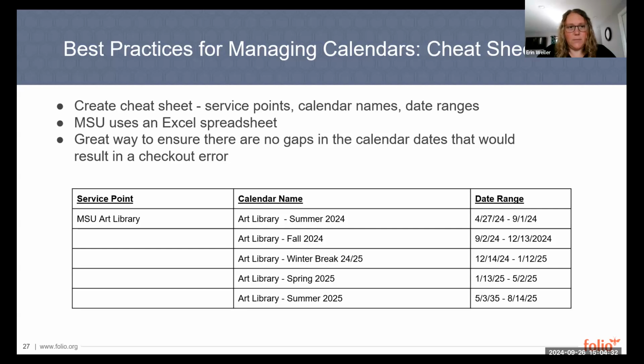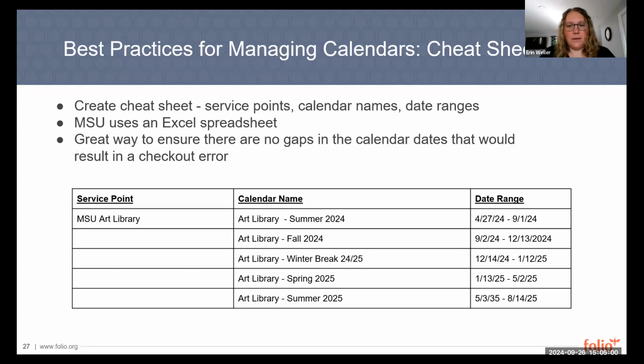And then I say Christine did this. This is Christine's baby. We have a cheat sheet at MSU that is an Excel spreadsheet, and it lists the service point, it lists the calendar name, and then it lists the date range. And I just think this is a really fantastic way to manage your calendars outside of the Folio tenant, because you can see that there are no gaps.